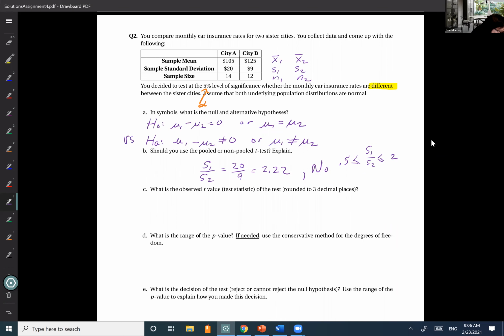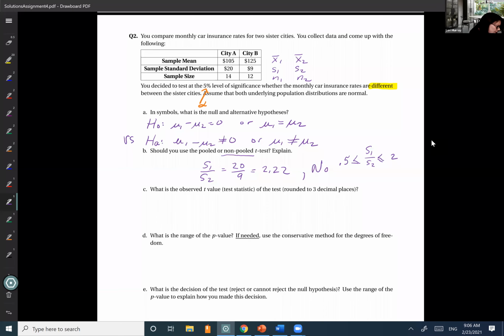I always use the non-pooled. The pooled t-test was convenient before there were computers, or if you want a quick calculation, but quick calculations can now be done with software, and sometimes there's really not a lot of difference. So I usually use the non-pooled t-test.